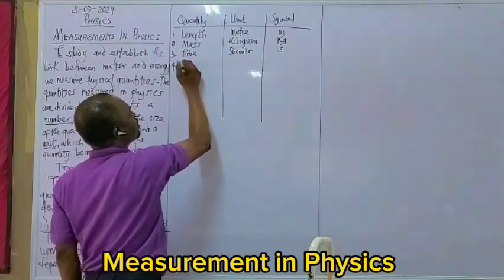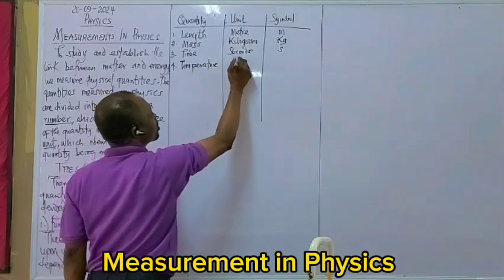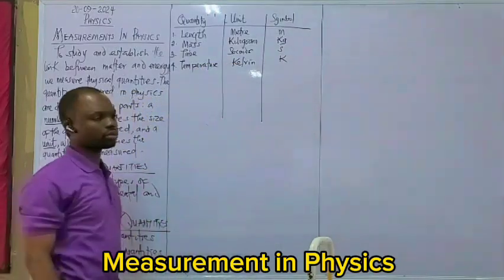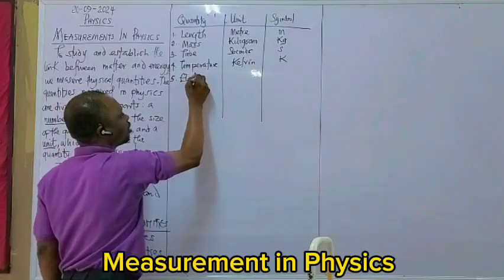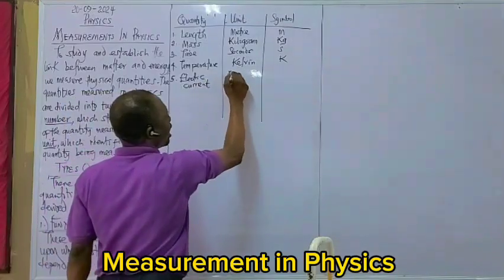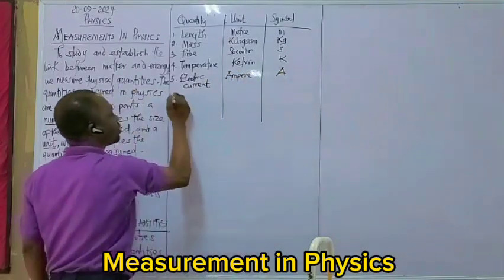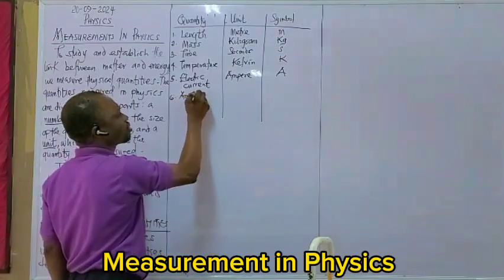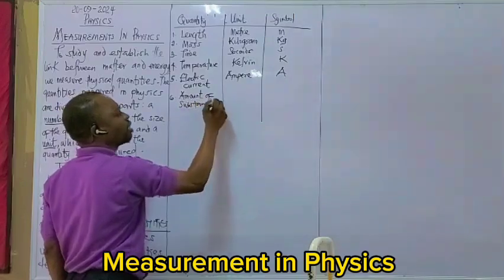For temperature, we use Kelvin, and that's K. We also have electric current, and that's ampere, A. Six, we have amount of substance.